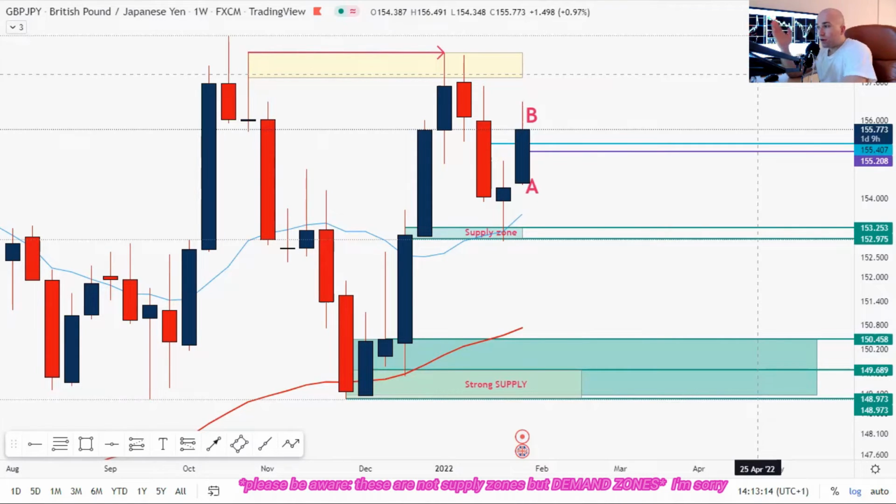But as a matter of fact, if you have well printed into your mind what your possible B point will be in this weekly perspective, you will be much more keen to extract profits from the market and be on the right side of it, right?